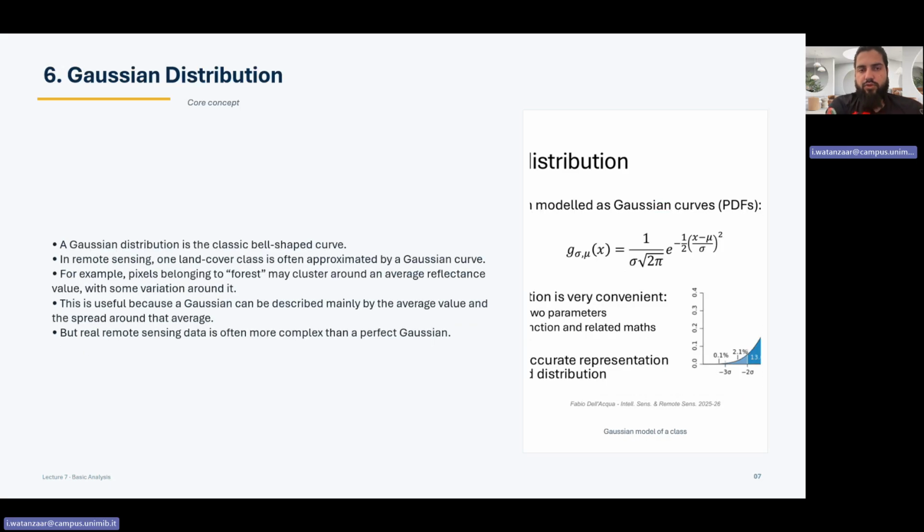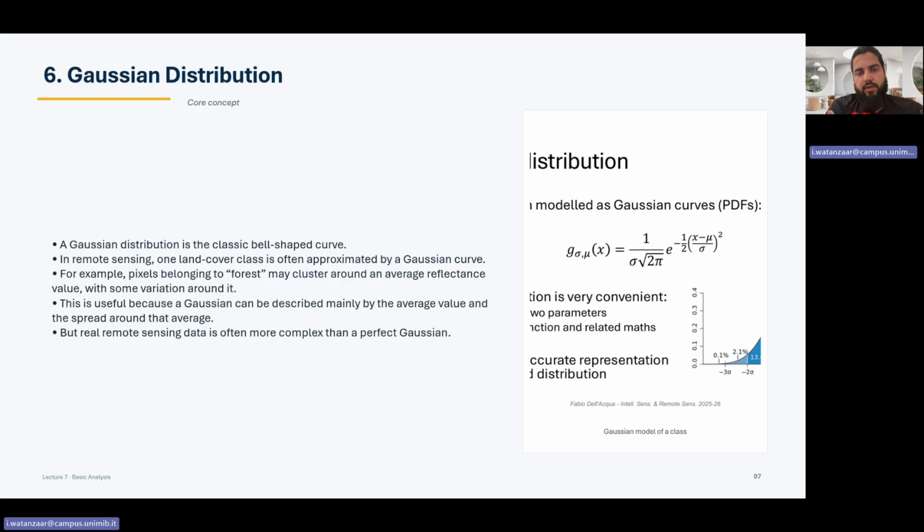Now the Gaussian distribution. A Gaussian distribution is the classic bell-shaped curve. In remote sensing, one land cover class is often approximated by a Gaussian curve. For example, pixels belonging to forest may cluster around an average reflectance value with some variation around it.